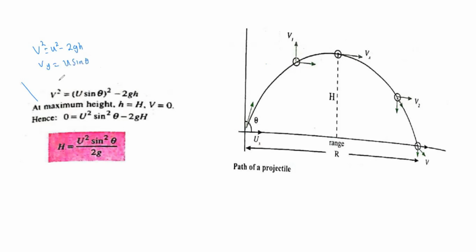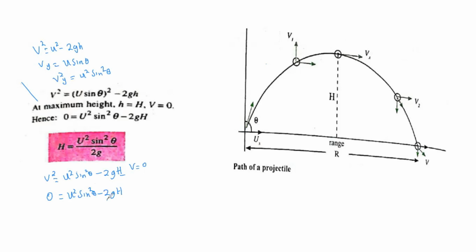Automatically vy square gives us u square sine square theta. So you can say v square is equal to u square sine square theta minus 2gh. At this point, v is equal to 0. So 0 is equal to u square sine square theta minus 2gh.